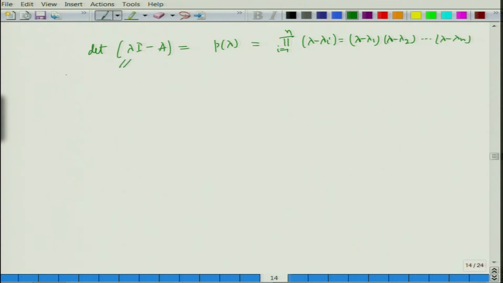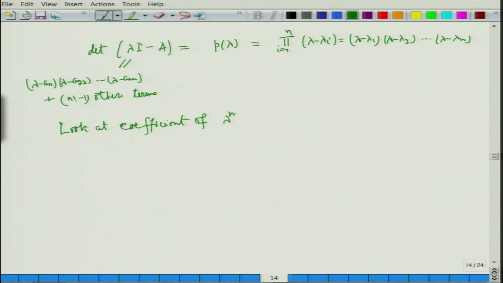This was one term, lambda minus a11, lambda minus a22, up to lambda minus ann, plus n factorial minus 1 other terms. This is what we had, all right. So, in this I am looking at the coefficient of lambda to the power n minus 1 on both sides.